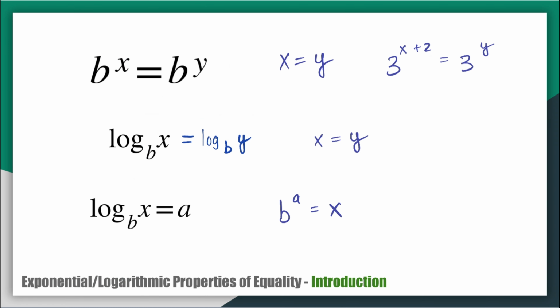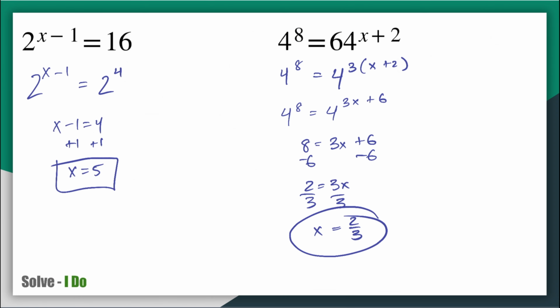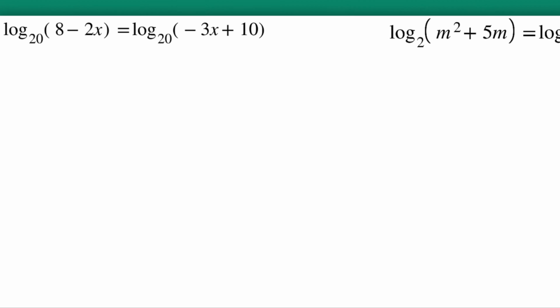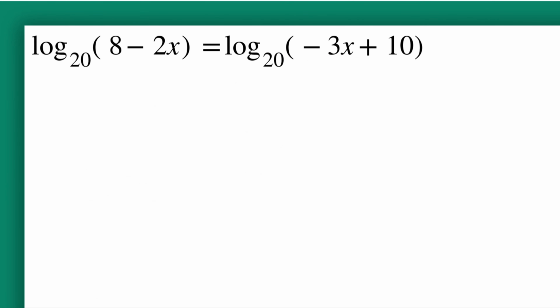When we have two logs with the same base that are equal to each other, we really just take what we're taking the log of and set those equal to each other. So when we go to this problem, log 20 of 8 minus 2x and log 20 of negative 3x plus 10, we can really just write this as 8 minus 2x is equal to negative 3x plus 10.